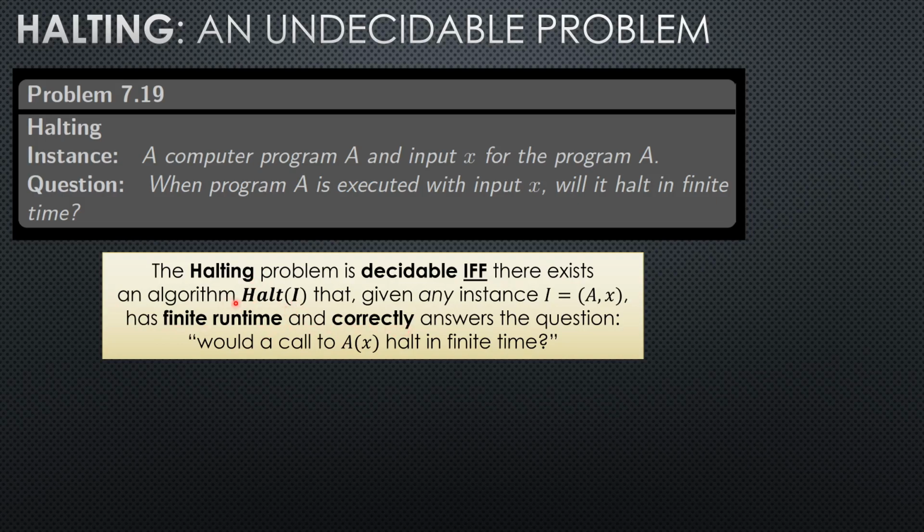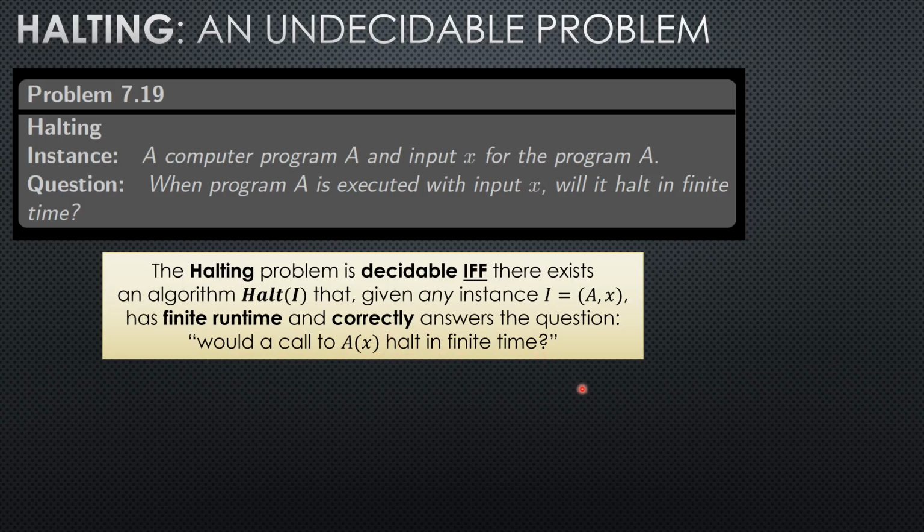The halting problem is decidable if and only if there exists a correct halt of I. What do we mean solves the halting problem? Halt of I should run in finite time and output the correct answer to the question: would a call to A of X halt in finite time?